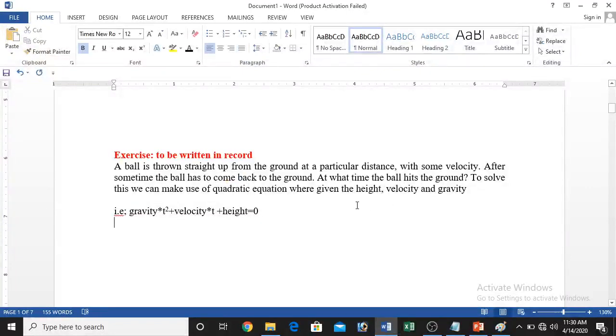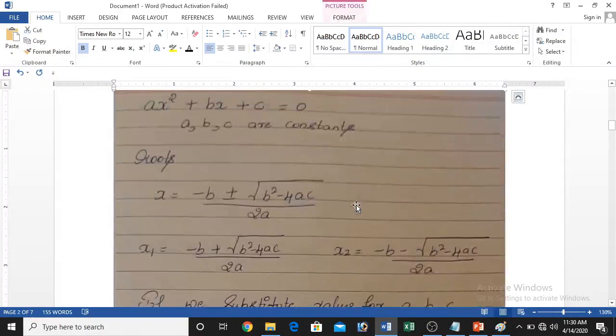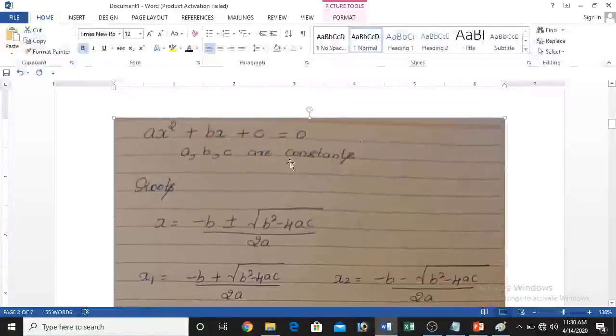But with the simple representation, if you remember the quadratic equation, we have ax square plus bx plus c is equal to 0, where a, b, c are the constants. And the roots of this quadratic equation are x is equal to minus b plus or minus root of b square minus 4ac, divided by 2a. Since we have plus or minus, we get two different roots.